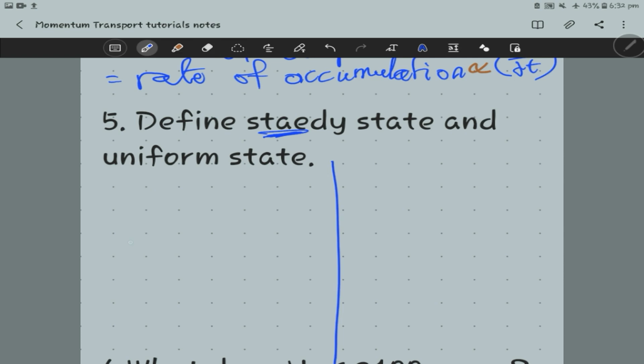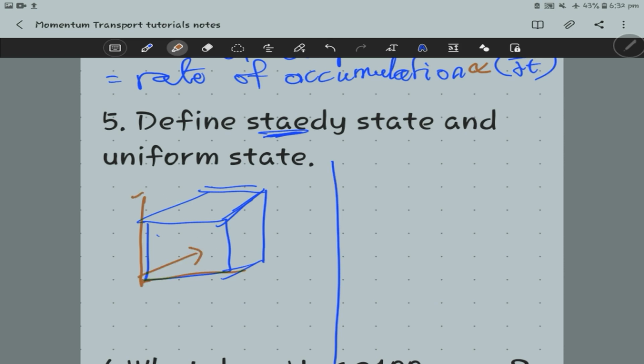So let's say we have a system, a rectangular coordinate system. So here could be x, here could be y, and then here could be z. What this means is a steady state, meaning that it doesn't change with time.